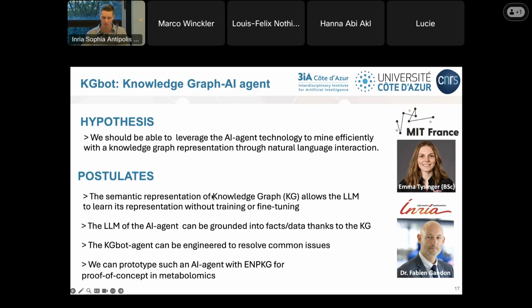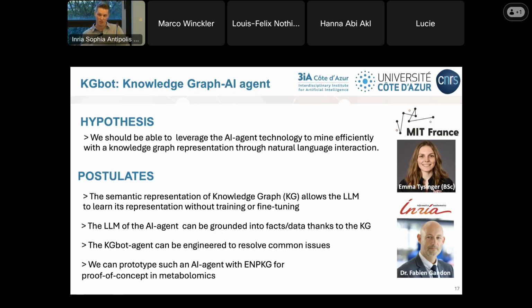Some of the key postulates are that those general models should be able to learn and extract information without specific training or fine-tuning, given the correct information, but also that the knowledge graph could compensate for the hallucination problem with LLMs. LLMs will fabricate information when they try to answer specific facts, but here we connect it to the knowledge graph.